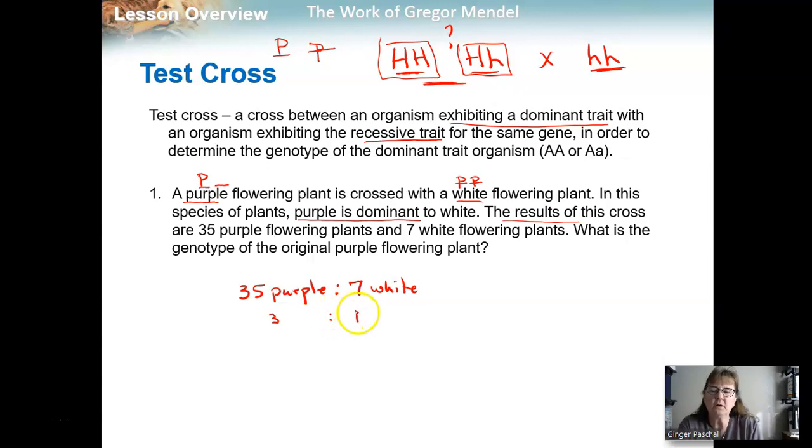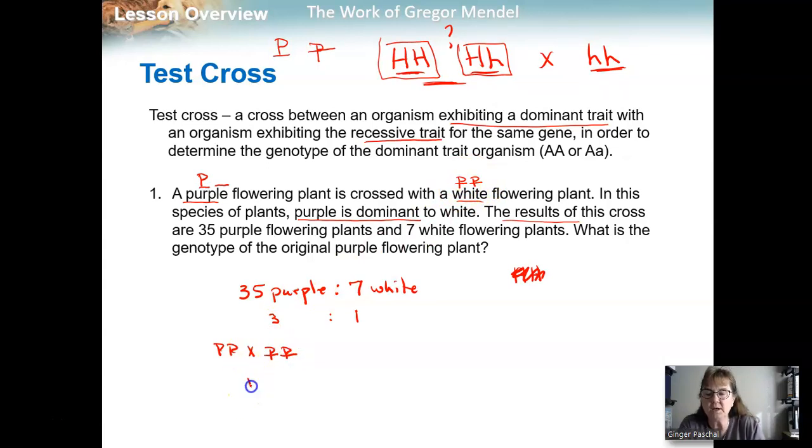So let's take a look at this. If we have, so let's take a homozygous dominant individual. Let's try, let's assume this individual is capital P, and we're going to cross this individual with our known lowercase p.